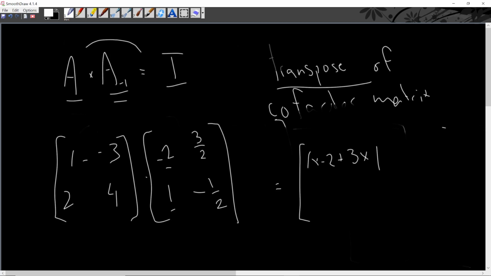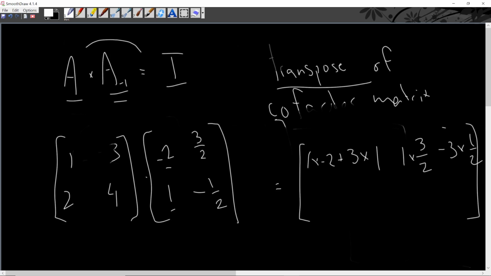And then for C12, we're going to have the ith row be 1, and the jth column be 2. So we have 1 times 3 halves plus 3 times negative 1 half, so minus 3 times 1 half.